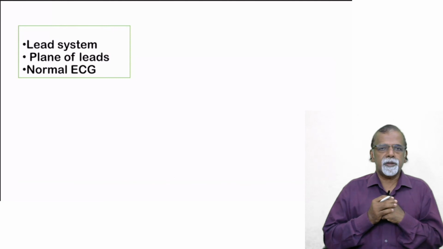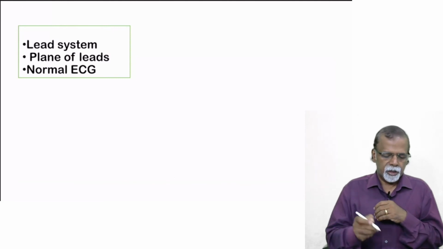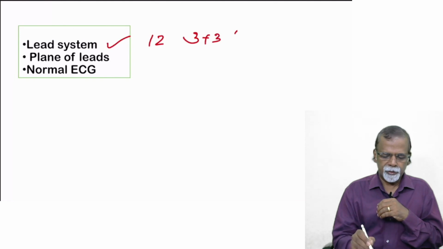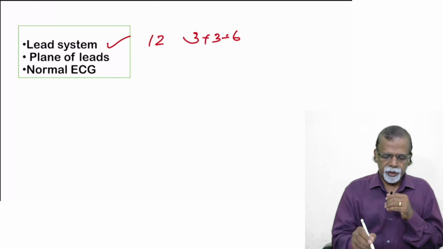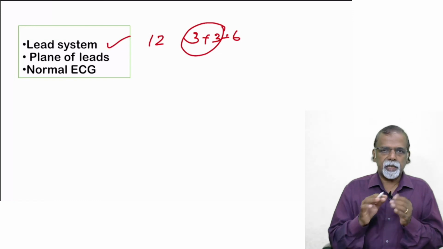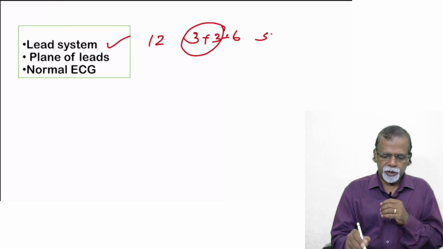So, friends, we have discussed the lead systems, the 12 leads: 3 limb leads, 3 unipolar leads, plus 6 chest leads. The limb leads are in the frontal plane, and chest leads are in the horizontal plane, and sometimes we use special leads.